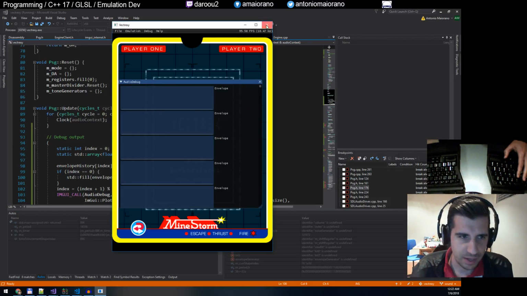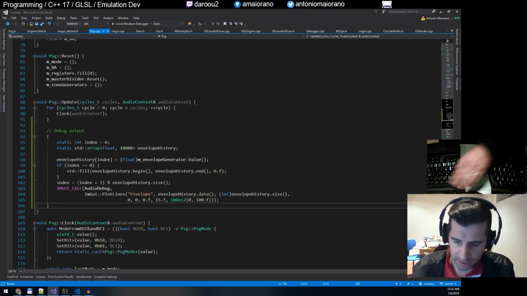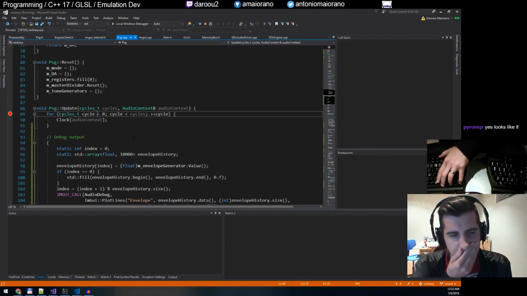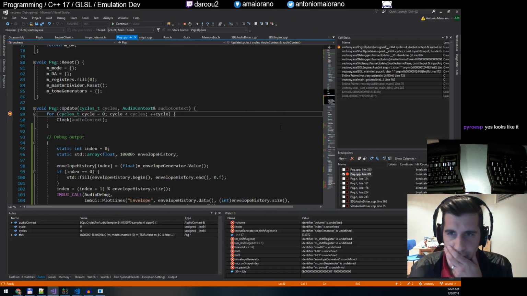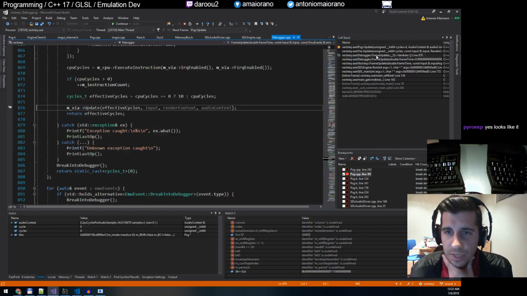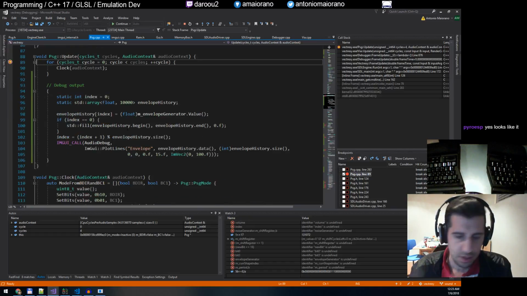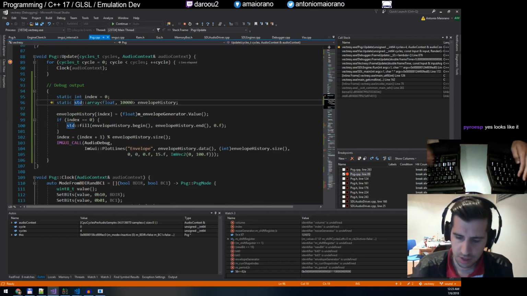And I don't know why though, this seems not to be working. This gets called once now per frame for... Oh, it's not called once per frame, is it? Yeah, it is called once per frame. Let me see. Yeah, frame update, which calls via update. The via update calls a PSG update. So that's once per frame with the number of cycles. So what's going on here? The hell?